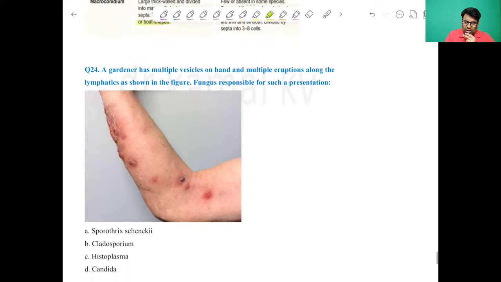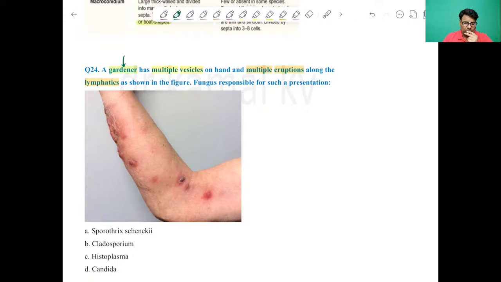Then a gardener has multiple vesicles on hand, and then there were multiple eruptions which went through the upper limb along the lymphatics. So this is a classical presentation. I think most of you can simply answer. The vesicles are arranged along the lymphatics. The condition is especially seen in gardeners.